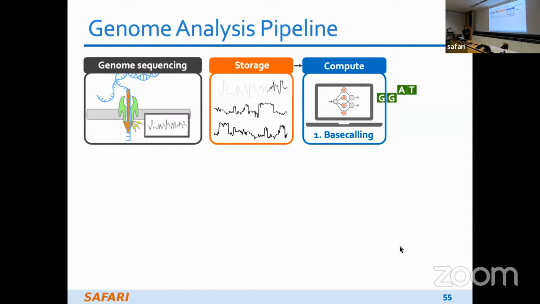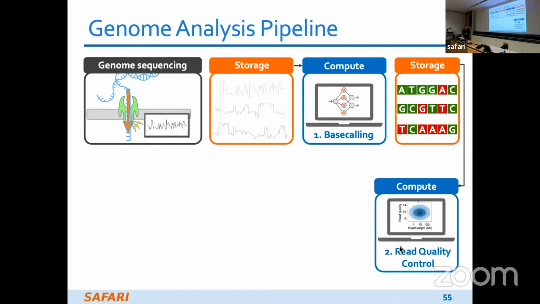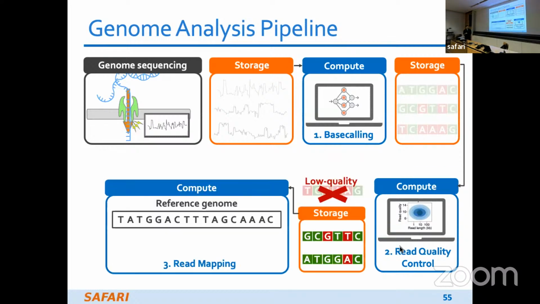And then you generate the data in a form that is human readable. And then you again store this data, and then you do some computation, and then you move on. And then you again store, and then you do another computation to generate more insights and so on.